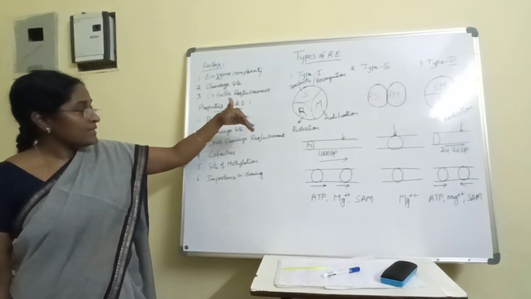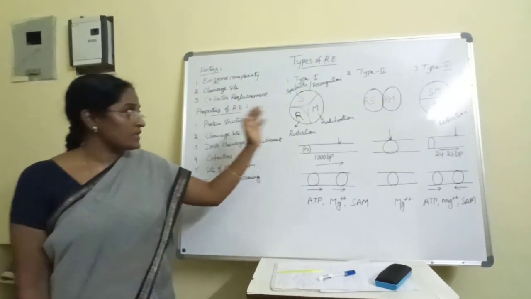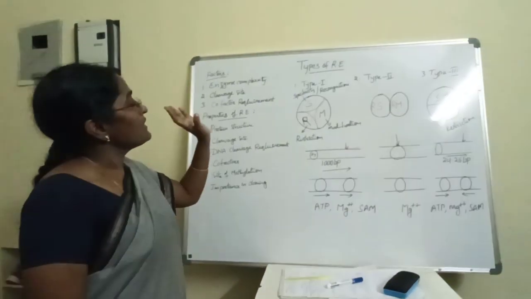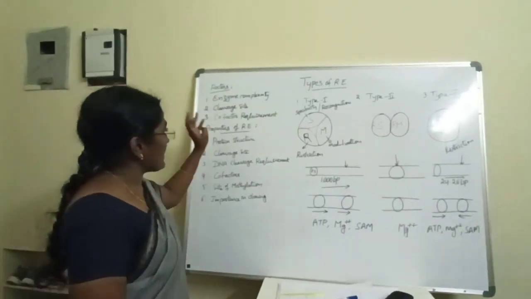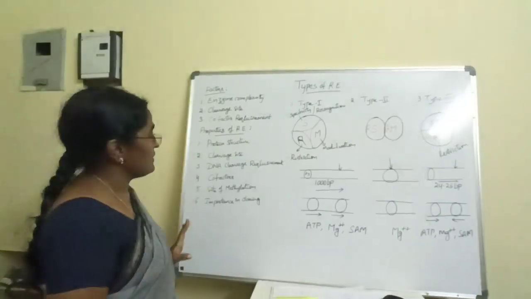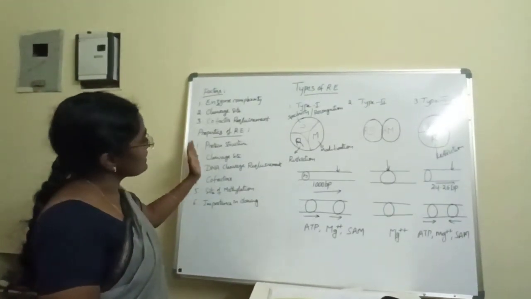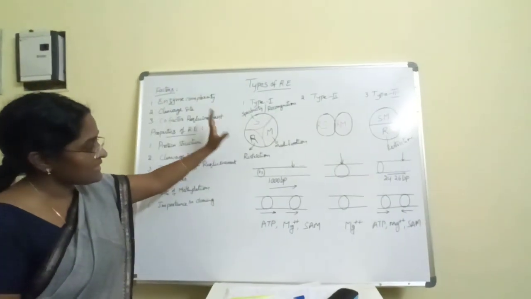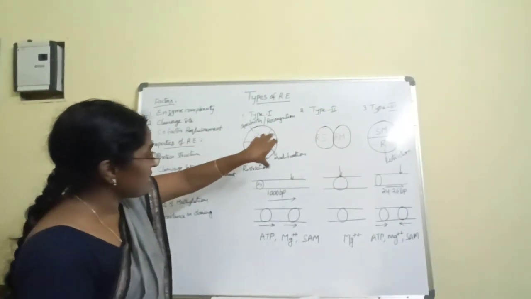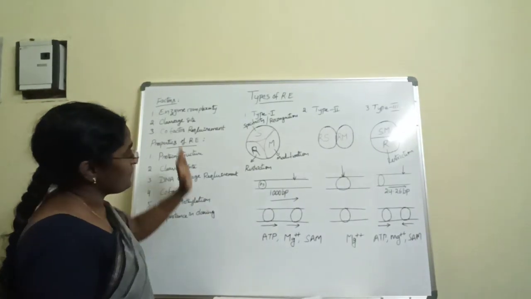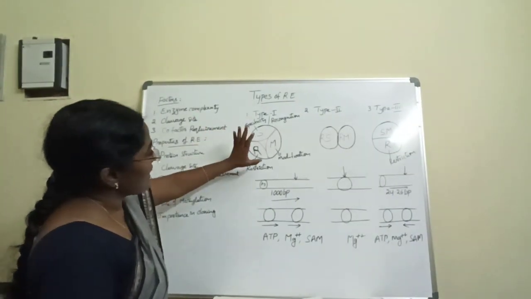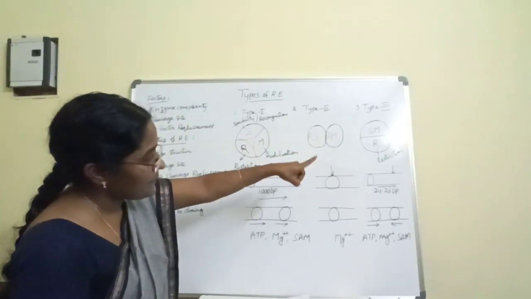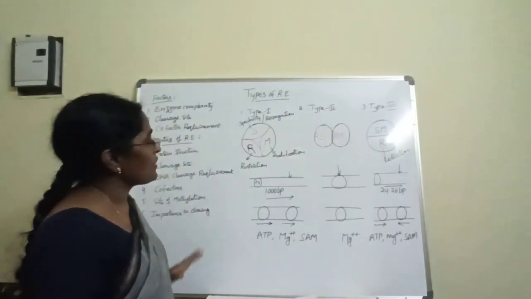Finally, to sum up the total lecture: types of restriction enzymes, the factors needed for restriction enzymes, and the properties of restriction enzymes. Based on the properties, these 3 types of restriction enzymes were described. Type 1 is a multi subunit complex, type 2 a multi enzyme complex, and type 3 a multi subunit complex.